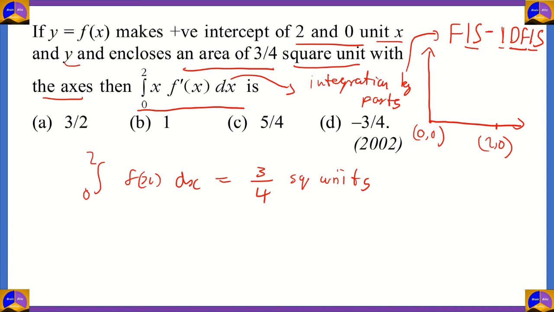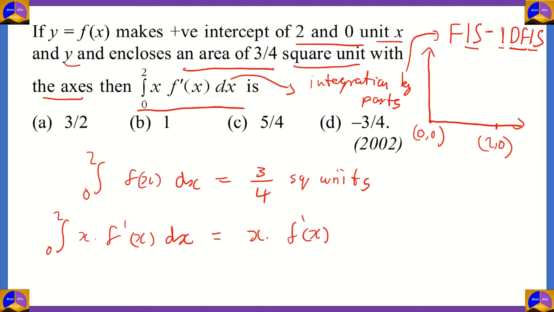So now for our given question, that is integral 0 to 2 x times f dash x dx, we know that both of these are algebraic. So what we're going to do is we're going to take the same order. So when you're integrating by parts, first function, we write it as it is, times the integral of the second function.